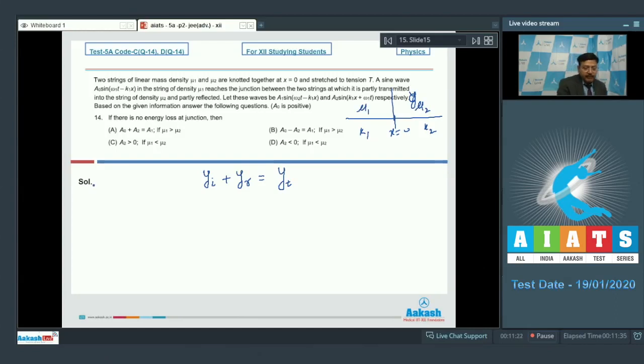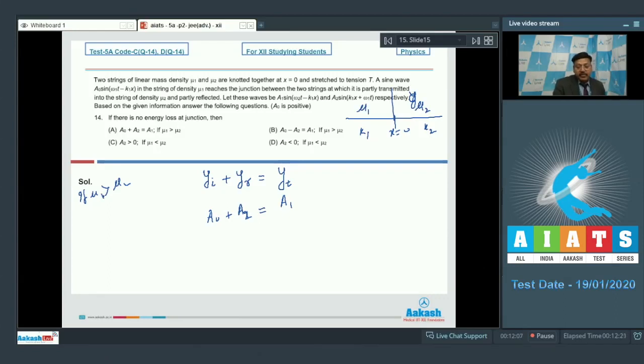Also, if mu1 is greater than mu2, then that means the speed in medium 1 is less than speed in medium 2, and that being the case, there is no phase change due to reflection. Which means we can write here then that A0 plus A2 is actually equal to A1. This will be correct if mu1 is greater than mu2.